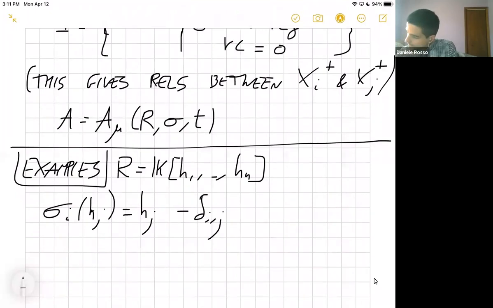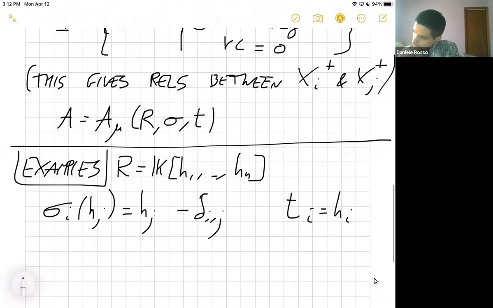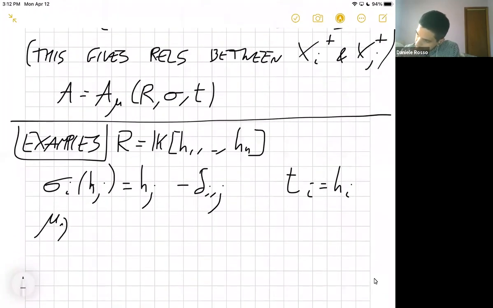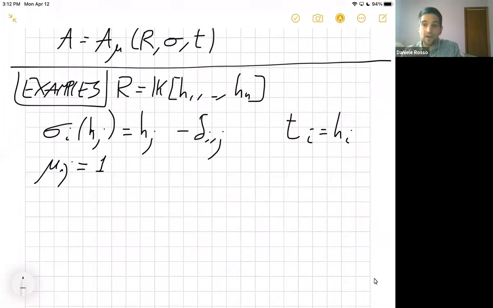And then t_i is just h_i, and the mu's are all 1. Then the algebra you get is the Weyl algebra, the nth Weyl algebra. So then A is the nth Weyl algebra.